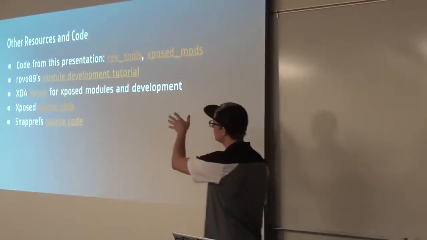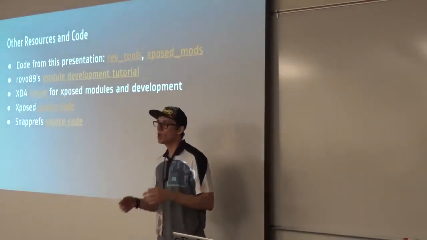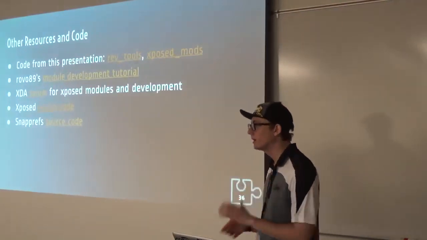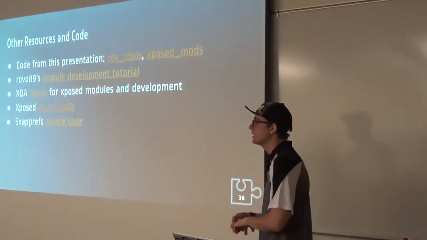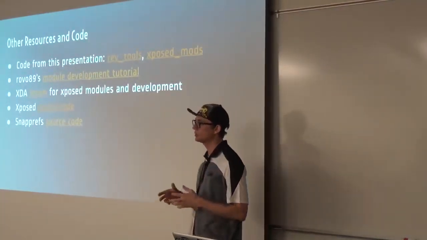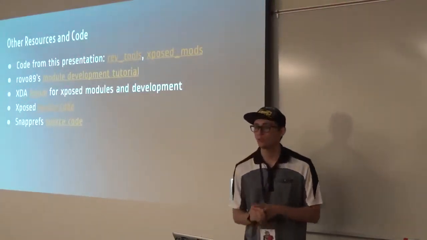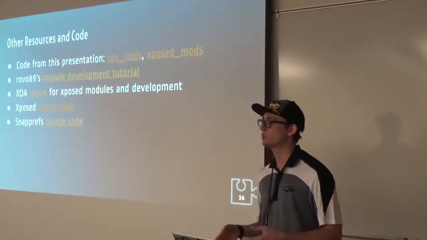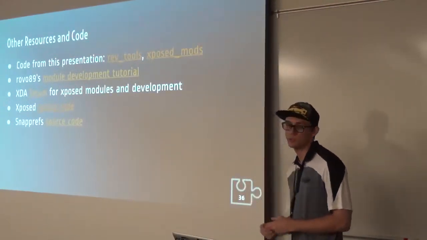There's a development tutorial by the guy that created the Xposed framework. His small little tutorial is change the clock red, like change the system clock red. He actually has an example of hooking Zygote, which is that first process, and looking for the actual Android UI. So you can hook things within the Android UI, not just within applications, but that was kind of outside the scope of this talk.